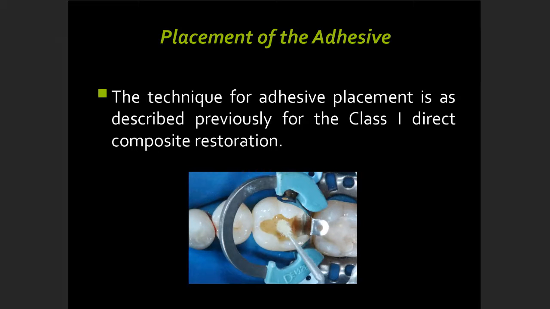It's not a Tofflemire band, and this matrix has been stabilized with a ring. Then you do etching, then do the bonding adhesive, and then you restore the tooth with small composite increments.